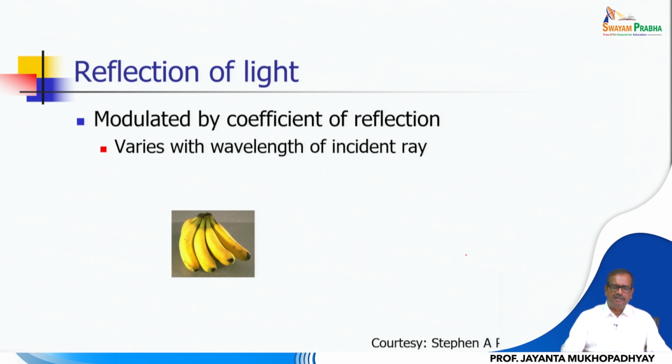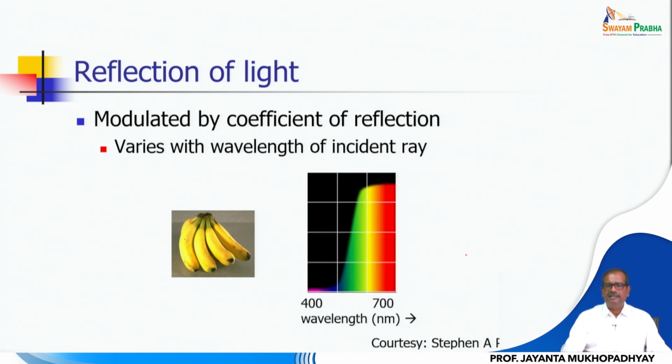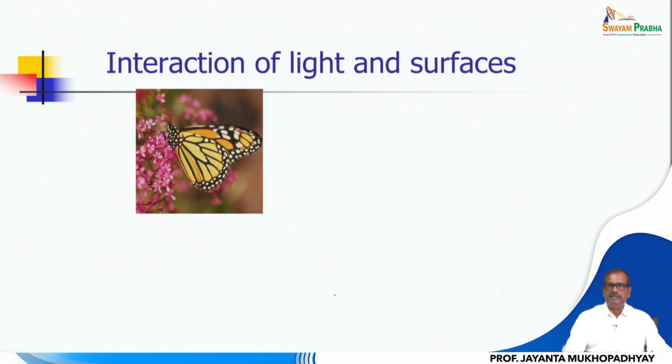One example could be this banana. The skin of the banana is a yellowish color, and if I consider its reflectance profile, its coefficient of reflection is much more significant in this range, whereas in this range it hardly reflects any energy. So this modulates the amount of energy that we receive through our retina.